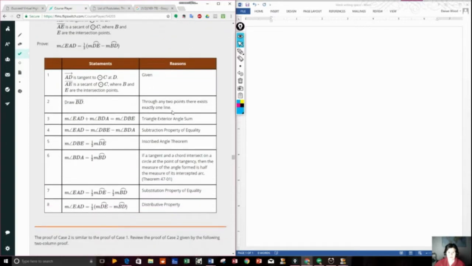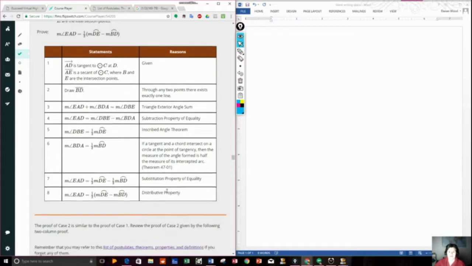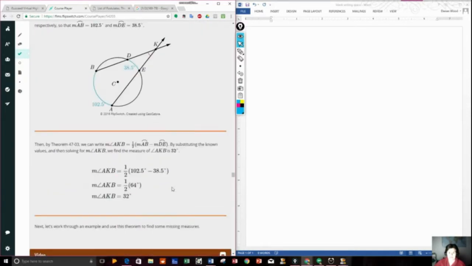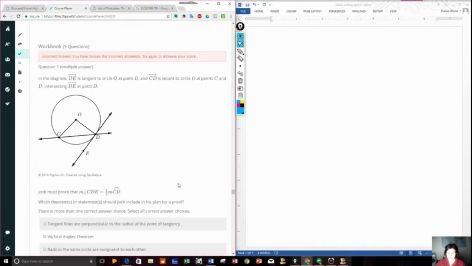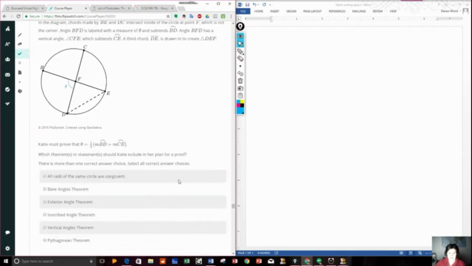So now I'm looking through this. Okay, well, they had draw that chord, which he did, and then we have the triangle exterior angle sum, subtraction property of equality, inscribed angle theorem. If a tangent and a chord intersect on a circle at one point of tangency, then the measure of the angle formed is half the measure, substitution property, and the distributive property. So then let's scan right back down and look at that.